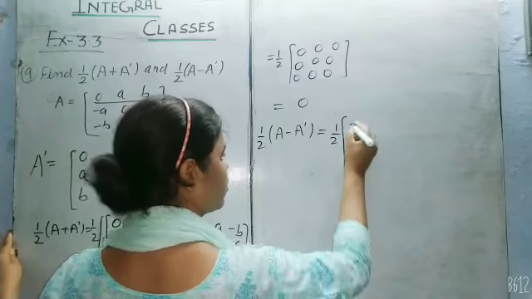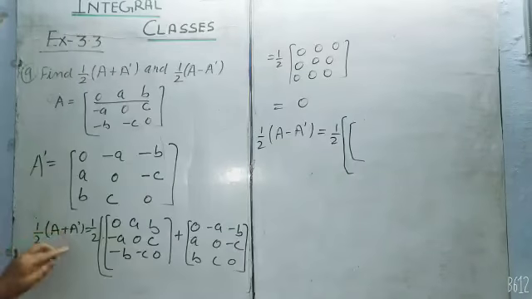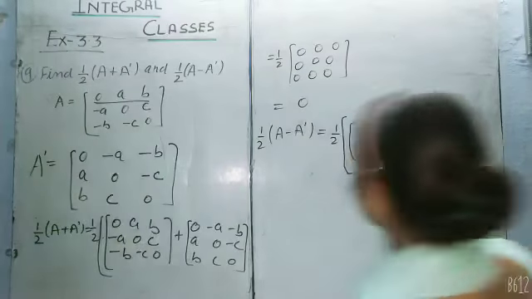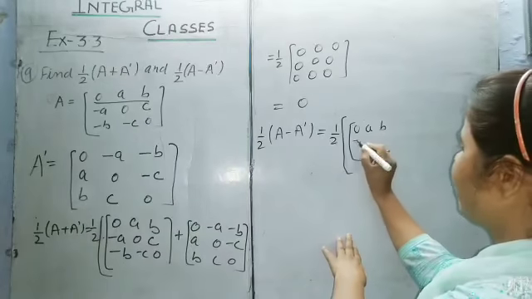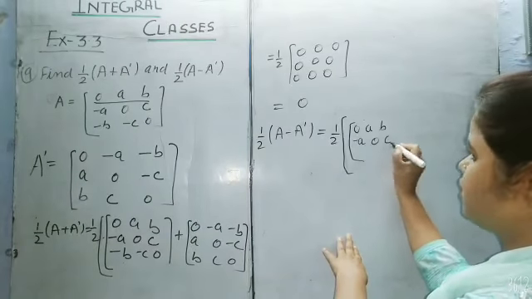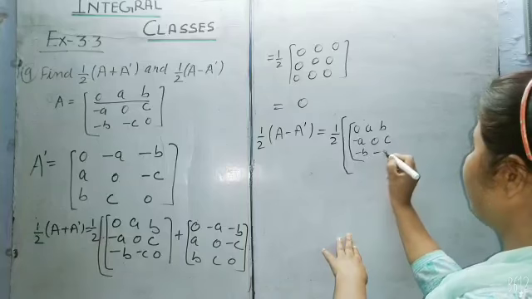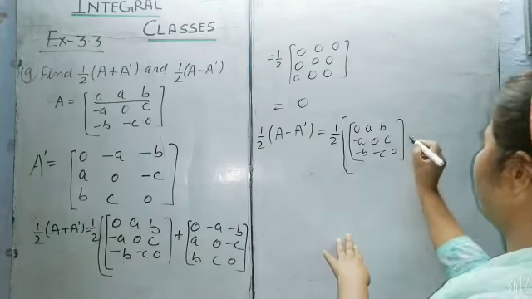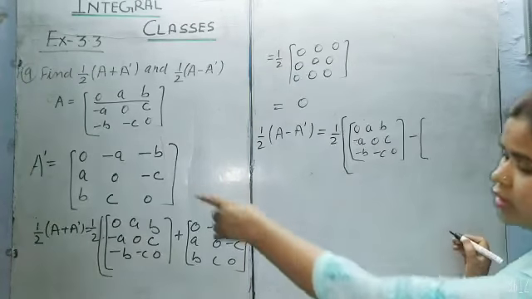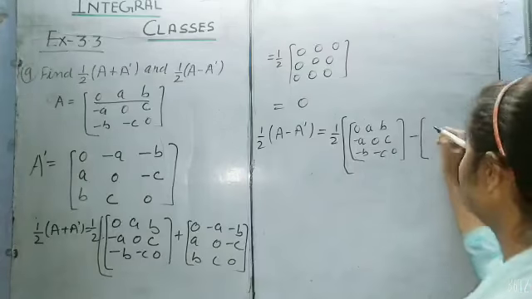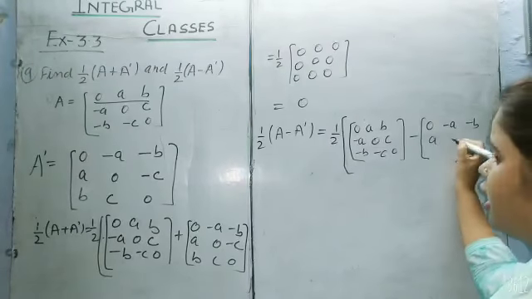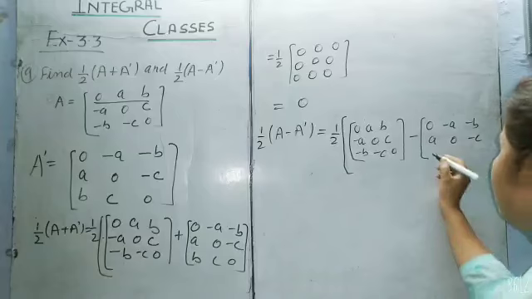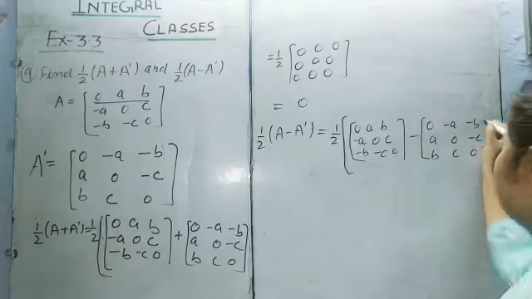A equals 0 A B, minus A 0 C, minus B minus C 0, minus A transpose, 0 minus A minus B, A 0 minus C, B C 0.